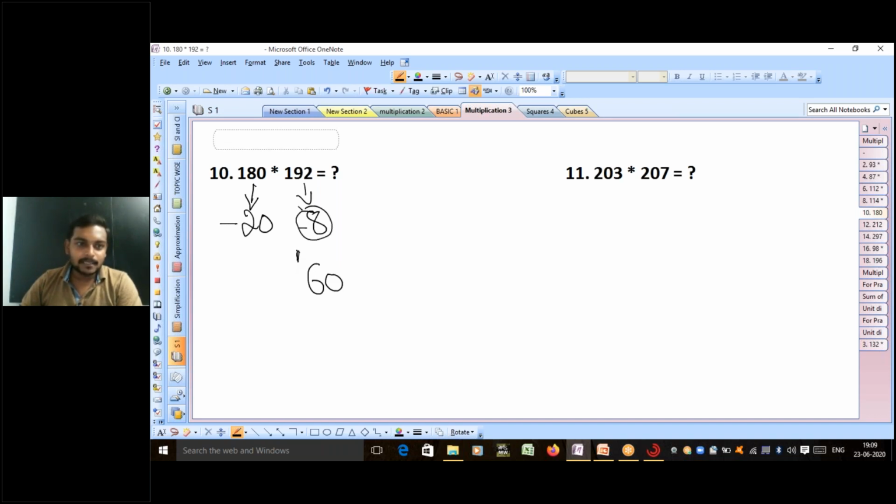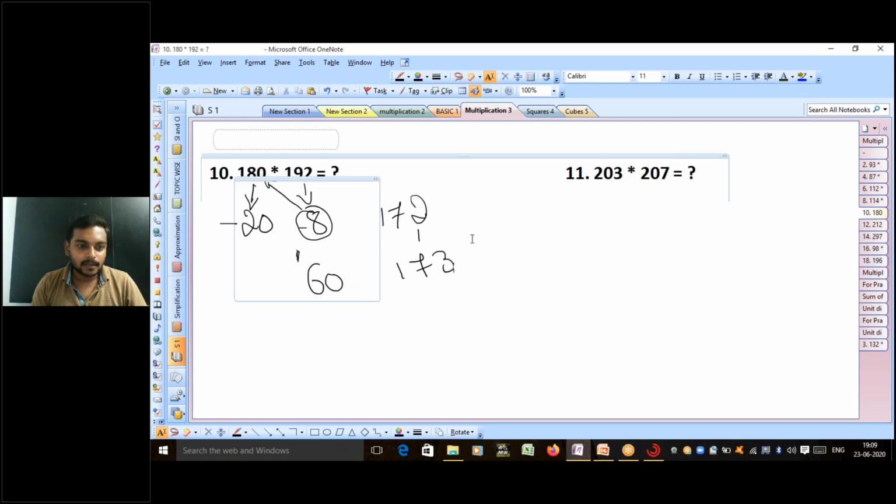Just subtract 8 from 180 or 20 from 192. Both are same. If we subtract 8 from 180, we will get 172. 172 plus 1, 173. Sorry. We have to multiply this number.